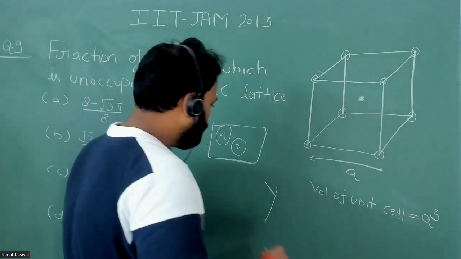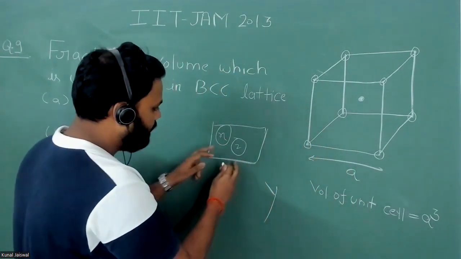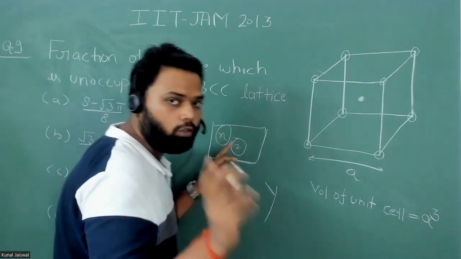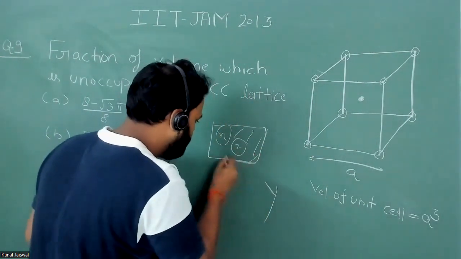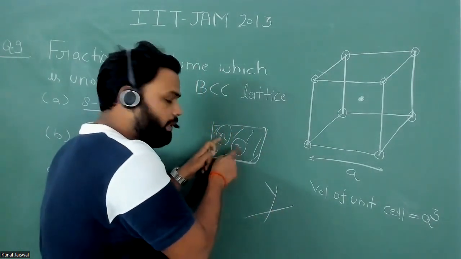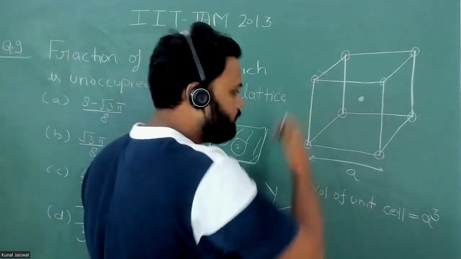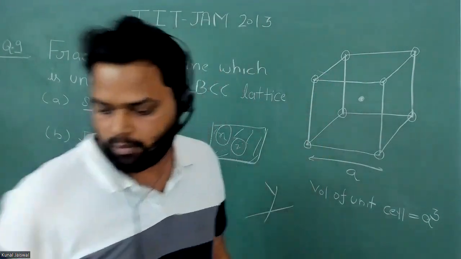Okay, so in a similar way we have to find the volume which is unoccupied, that will not be y, this will not be x plus z. Okay, so in a similar way I have to approach this question.